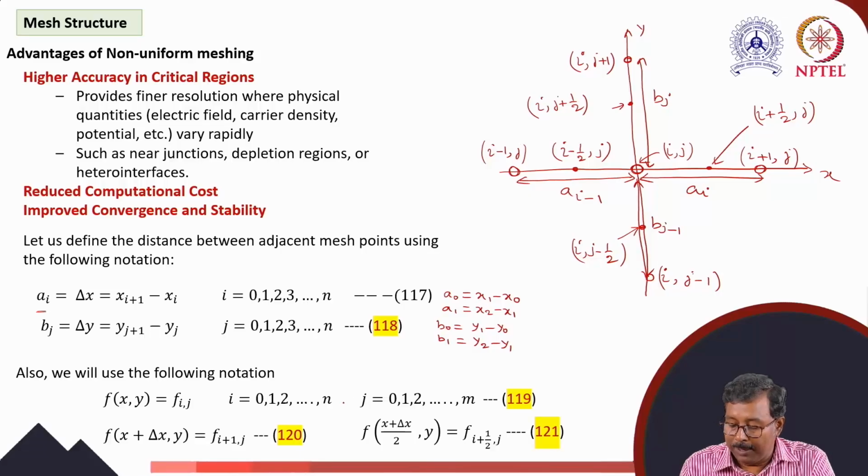They may be different, they may be the same also. And f of x plus delta x, y will be denoted as f i plus 1 j. So x plus delta x is i plus 1 j, the next point. And f of x plus delta x by 2 comma y will be f i plus half comma j. So if we divide the delta x increment by 2, this will be i plus half j.